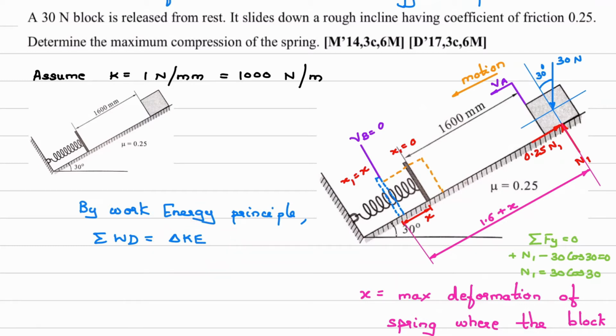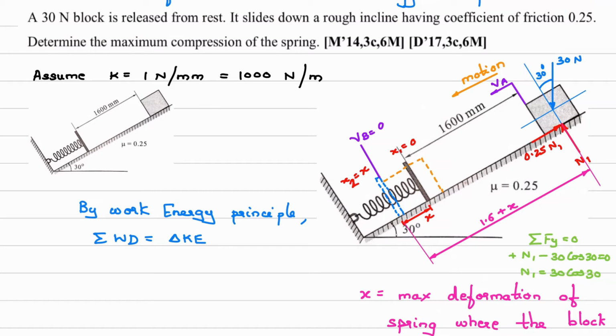Next, suppose at this location, when the spring is uncompressed, that is free length, x1 will be 0, meaning we don't have any deformed length of spring at position 1. This is position 1. Now after compression, this is position, suppose, 2, and this value will be x2.